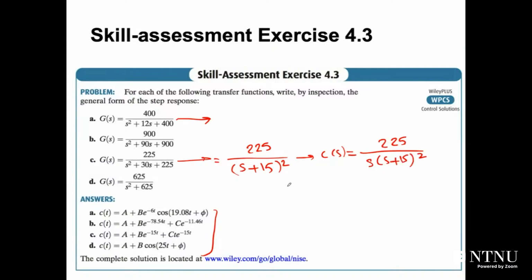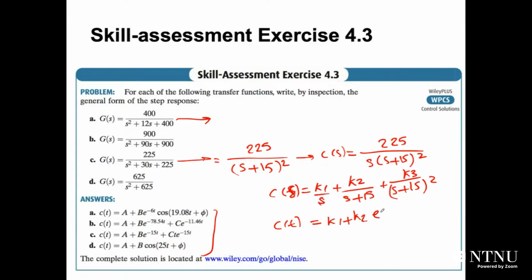It's repeated. So in this case, C of S will be K1 divided by S plus K2 divided by S plus 15 plus K3 divided by S plus 15 squared. So C of t will be K1 plus K2 exponential minus 15t plus K3 t exponential minus 15t.